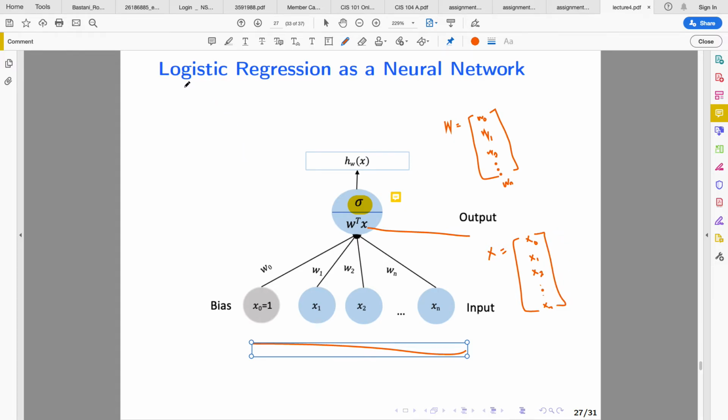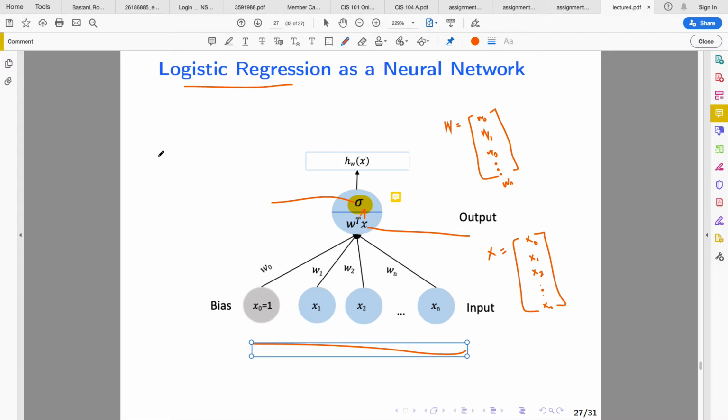Now, the difference with our logistic regression is we are now introducing this particular function, the sigmoid function. So whatever we have computed here, we pass it through the sigmoid function, which squashes it in between 0 and 1.